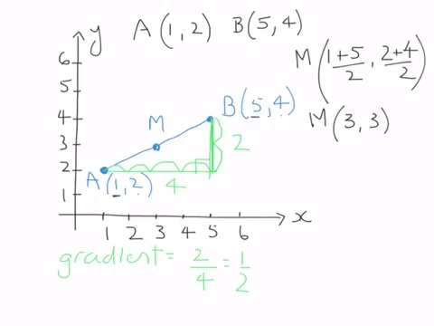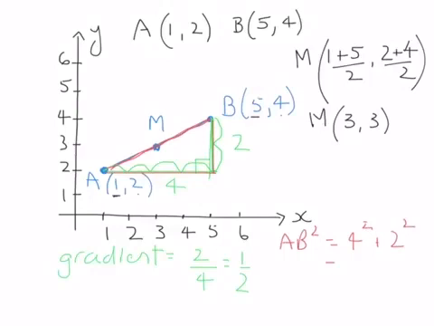The last thing we want to find is the length of AB. Now, if you can see what I've drawn, there's actually a right-angled triangle there. So we can use Pythagoras' theorem. So the length of AB is AB squared equals one side squared plus the other side squared.